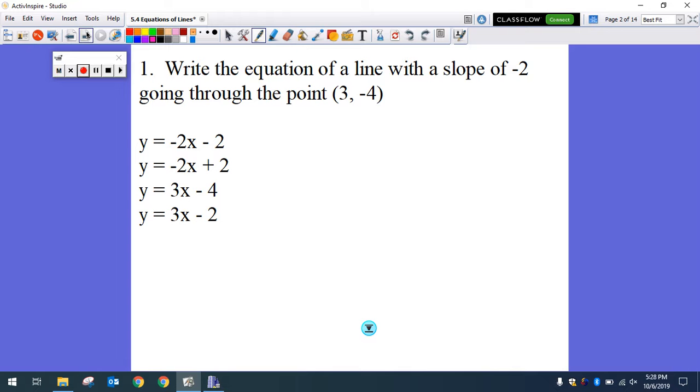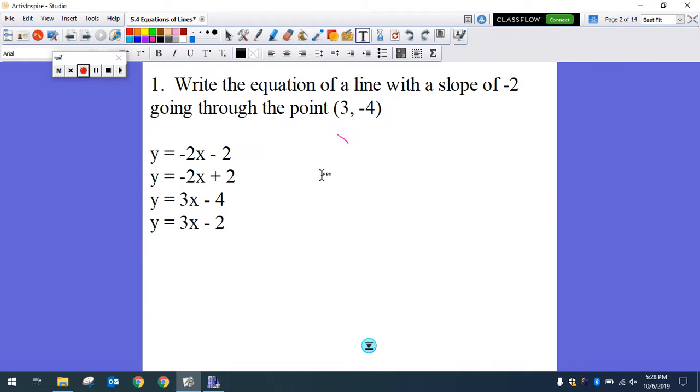All right, write the equation of a line with the slope of -2 going through the point (3, -4). So let's look at this. If you remember, this was your formula: y equals mx plus b, where m, remember, is your slope and b is your y-intercept.